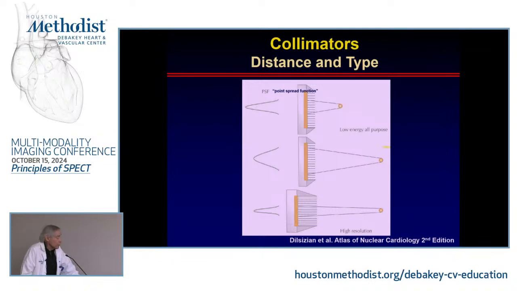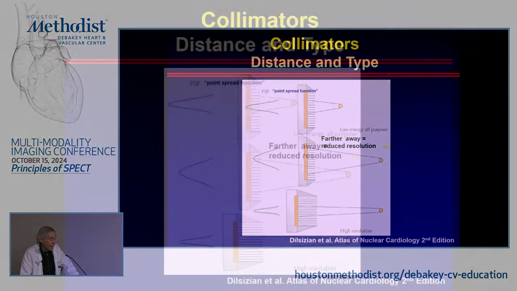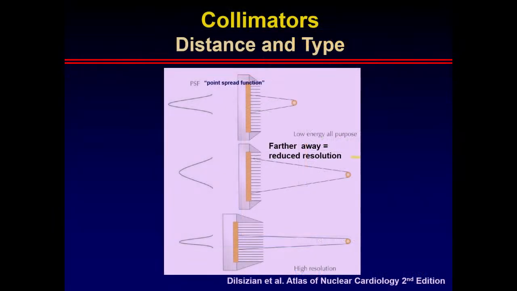So let's look at the issue of distance versus collimators. Here you have a point spread function, and you can see that as you move the point away from the collimator, the point spread function widens, which means that your spatial resolution degrades.